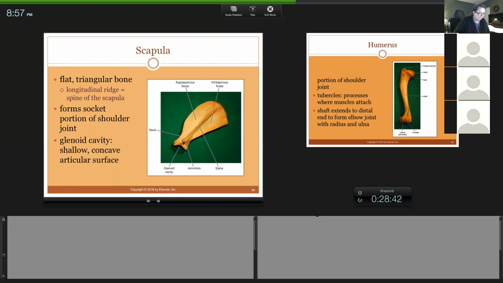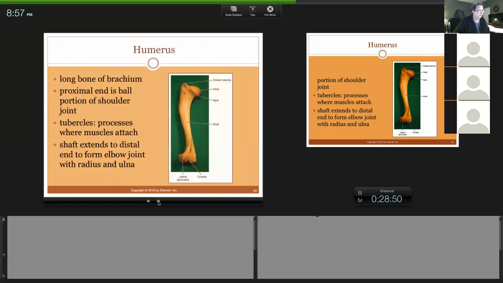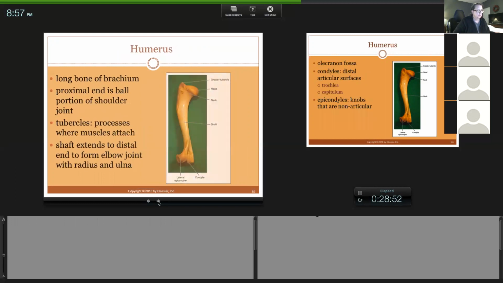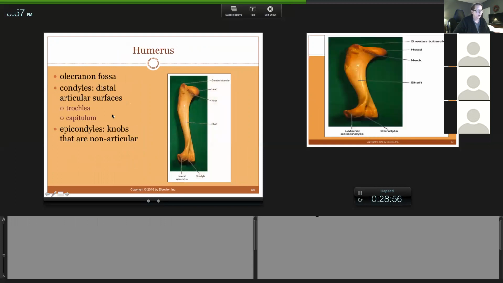So it goes scapula, then the humerus. And remember, the condyles are the articular surface, the epicondyles are above, and muscles attach to the epicondyles, but the condyles are like the rollers.